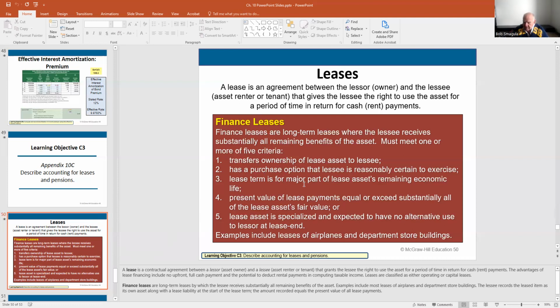So you're not going to debit lease expense, you're going to debit capital lease, an asset. Or if the lease term is for the major part of the asset's life, you buy a machine that has a life of 4 years and you're going to run it for 3, you bought it. Anyway, capital leases, finance leases, go on the balance sheet based on one of these criteria.